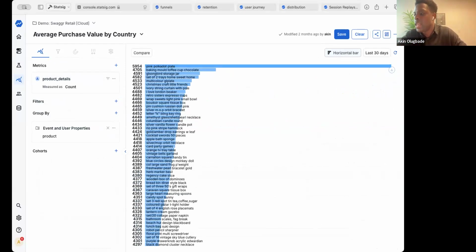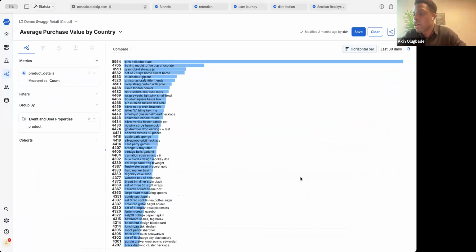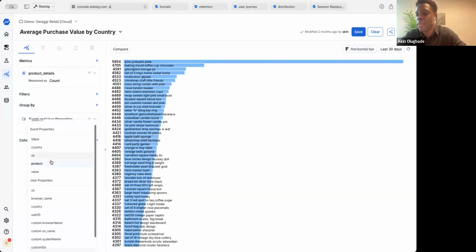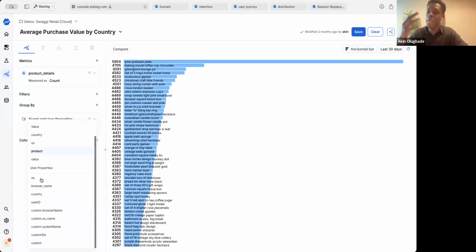Yeah, and now you can see all of the different property values for the product property. And there are a bunch of different properties on this event, right? So we have things like value, country, operating system. All of the context that you want us to understand about that user action is sent over as metadata on that event.